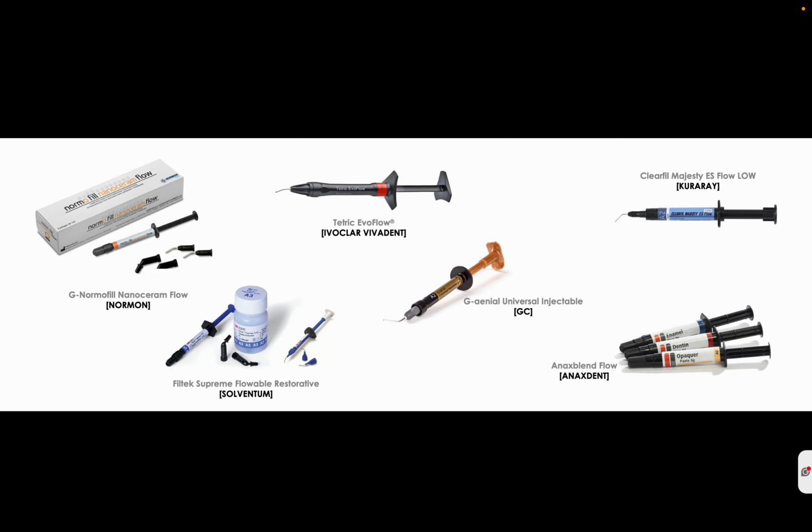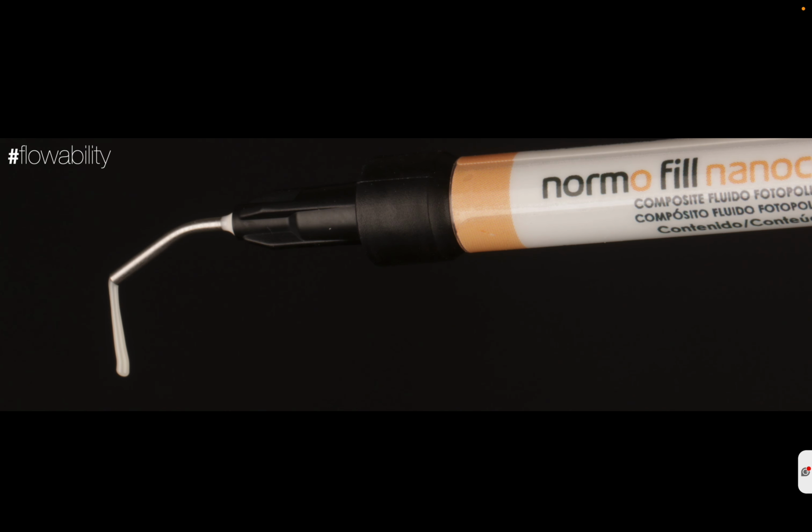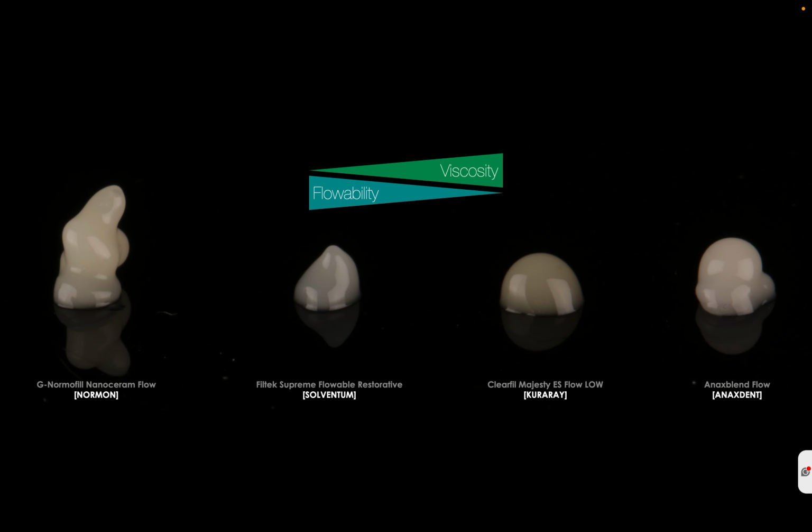Probably the most typical and best known for this technique is the one from GC, but nowadays I work with this brand. It's a Spanish brand, Normon, and I think this restorative material is very convenient because it has a perfect consistency. You can see the consistency of this material, which looks like a packable material.